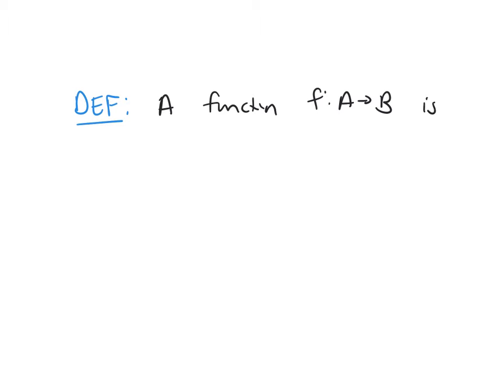So now we're going to talk about a function being one-to-one or injective. We're going to start with the definition. A function f from A to B is called one-to-one or injective.